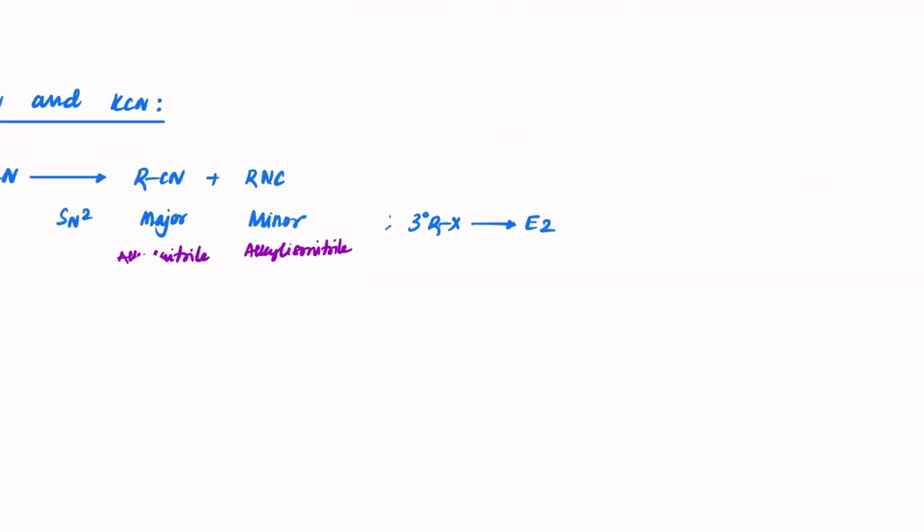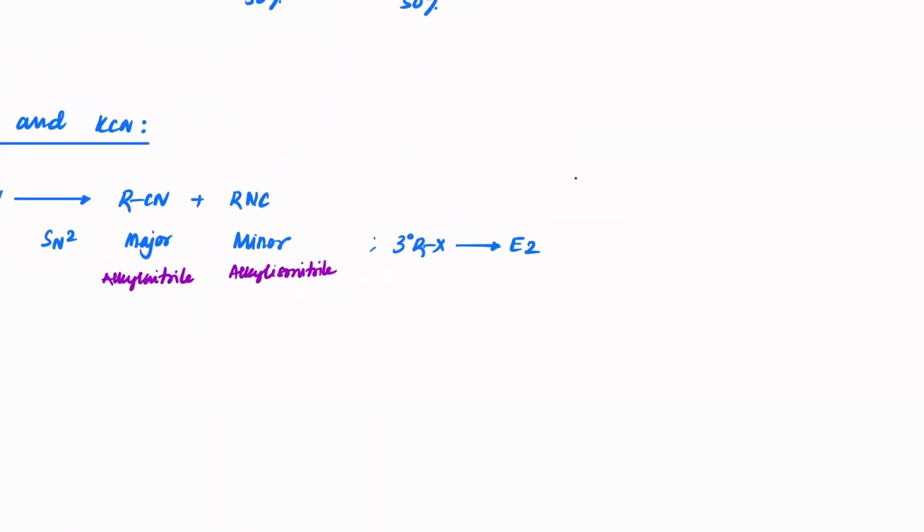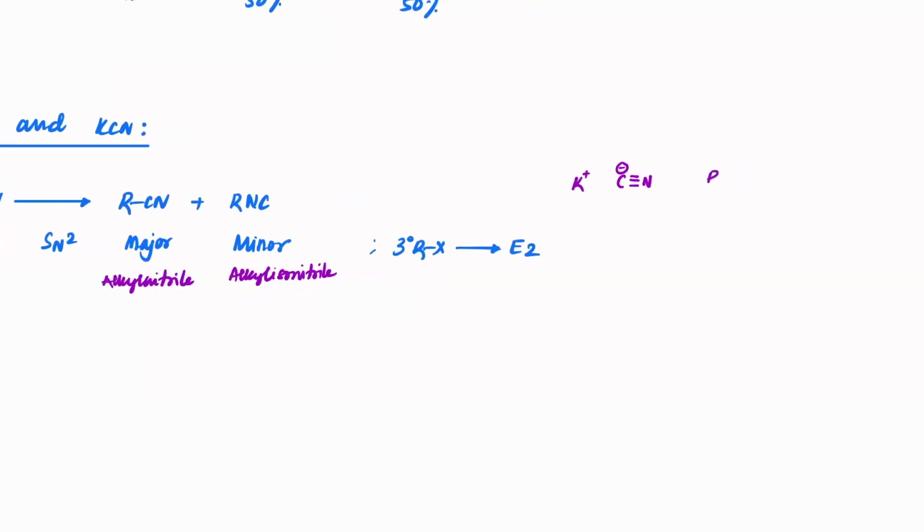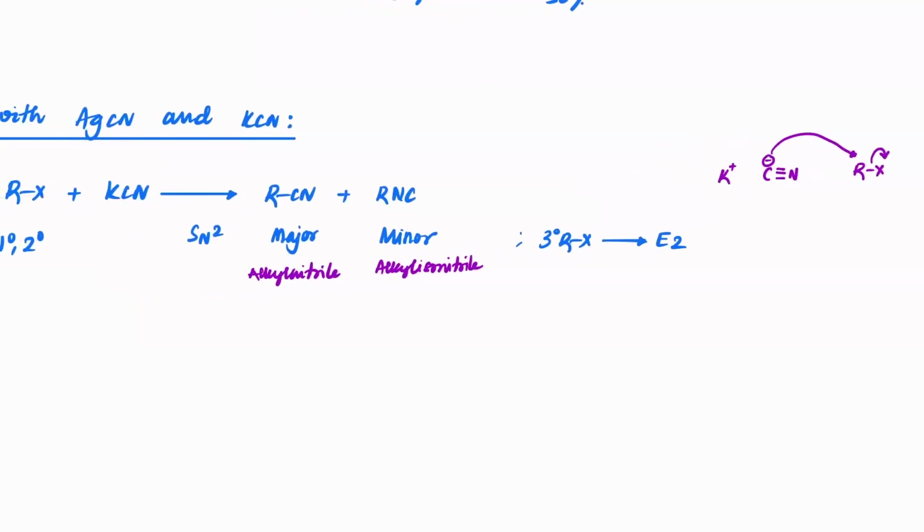How is this reaction proceeding? See, simple. If you have KCN, it will be K plus and C triple bond N with minus charge. So this is a nucleophile which is basically attacking on RX. So that's how you will get this SN2 type of attack.